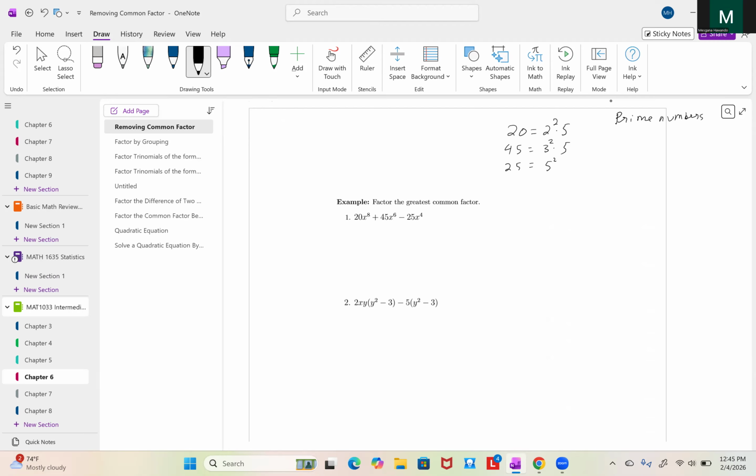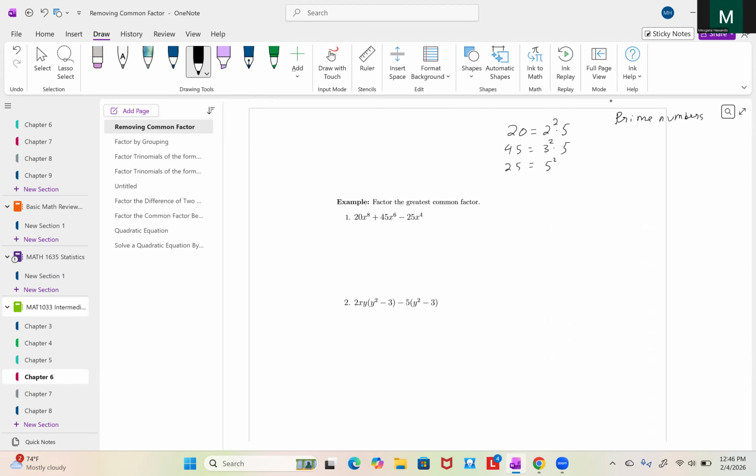If the prime number occurs as a factor more than once, then the number of times it occurs as a factor becomes the exponent. For example, for the 2 squared, 2 occurs as a factor twice. 2 times 2, which is 4. So we write it as 2 squared. 4 times 5 is 20. 3 squared is 9. 9 times 5 is 45.